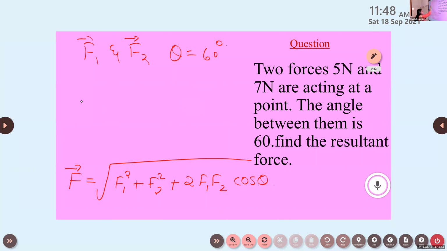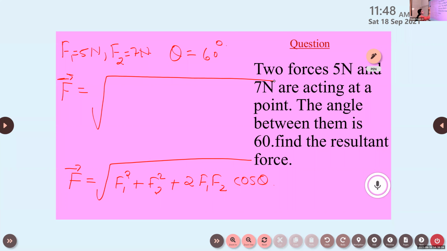Here we can directly substitute the values. F1 is 5 Newton, F2 is 7 Newton. So the resultant force F is equal to square root of 5 square plus 7 square plus 2 into 5 into 7 into cos 60.